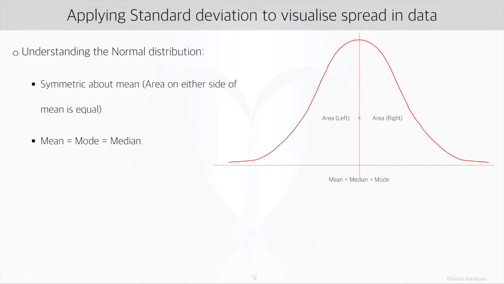What is median? When we arrange a set of data in either ascending or descending order, then the data point that divides this set in two equal parts is the median. Again, the point at the center divides the curve into two equal parts. That's why mean, median and mode are equal in case of a normal distribution.